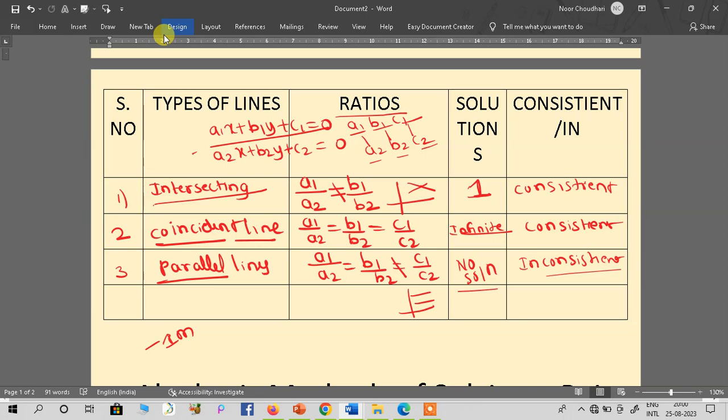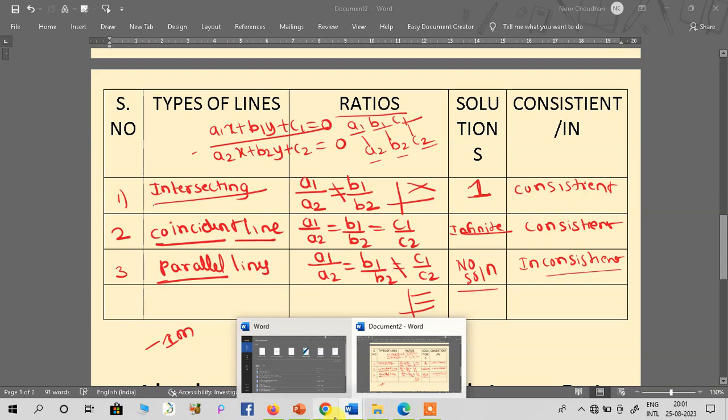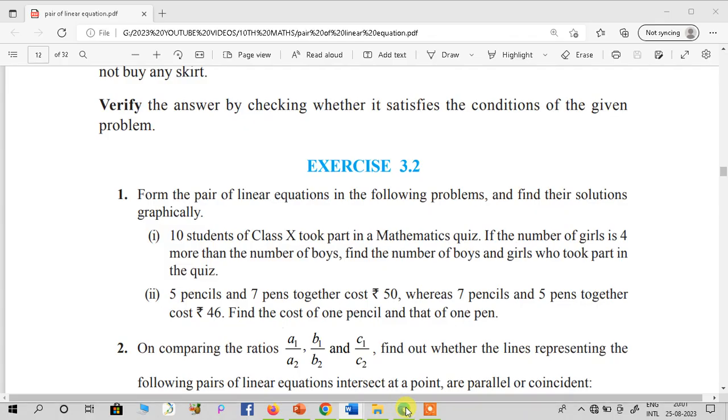So in 3.1, all examples come in graph. When I tell you graph, I will take all the questions from 3.1. So in the next video we solve 3.2. So we discuss 3.2 in the next class. Many questions are there.